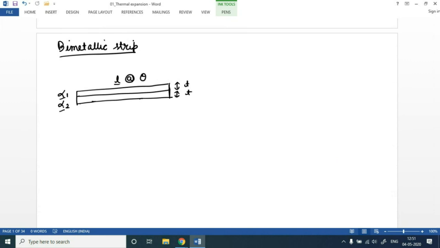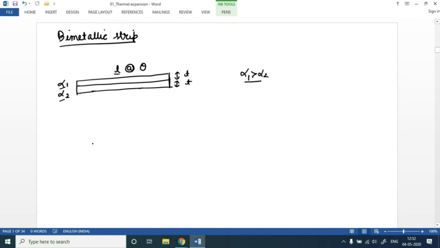So if alpha 1 is greater than alpha 2, the upper rod will try to expand more and the lower rod will try to expand less. Due to that, this bimetallic strip will bend, and it will take the shape of an arc.